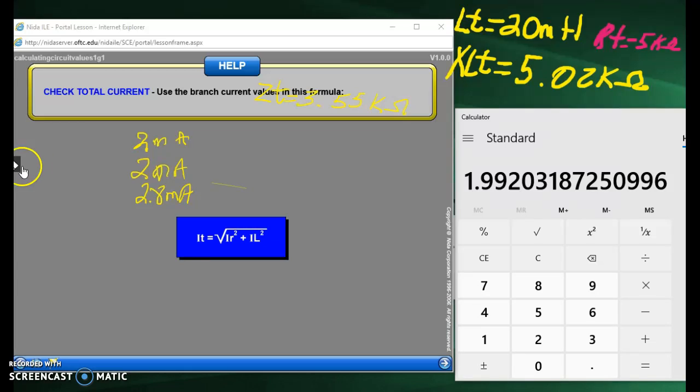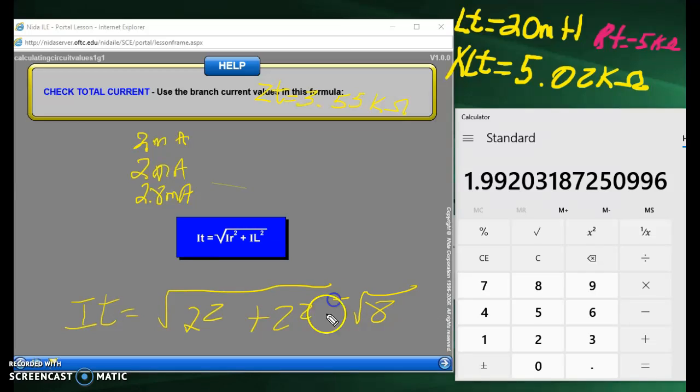So we're going to say IT equals the square root of 2 squared plus 2 squared. I can do part of this math in my head. 2 squared is 4, 2 squared is 4, so 4 plus 4 is 8. So IT is equal to the square root of 8.